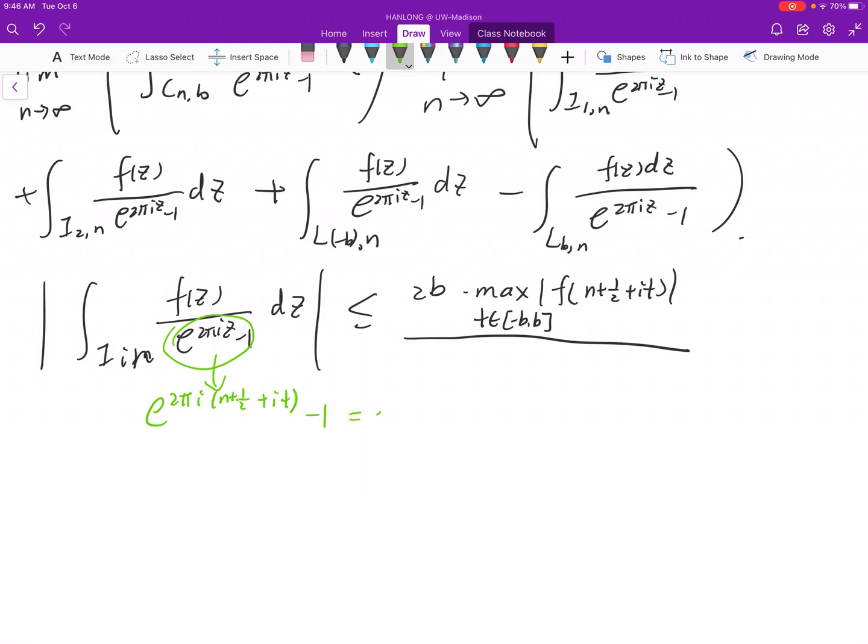So this is exponential negative 2 pi t times exponential 2 pi (m plus 1/2) i minus 1. Recall that this is imaginary.